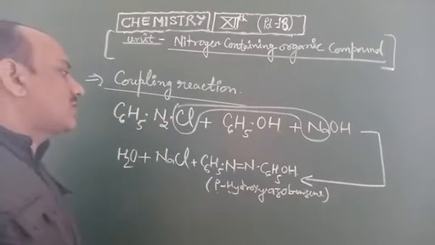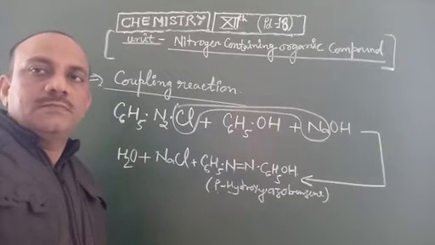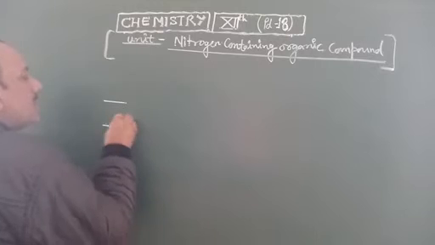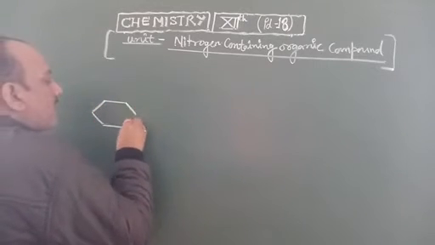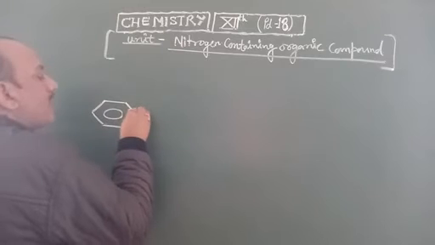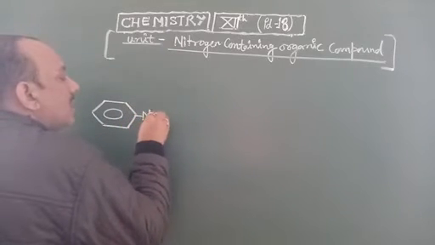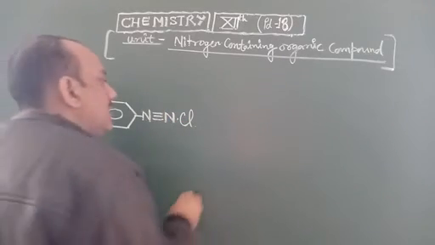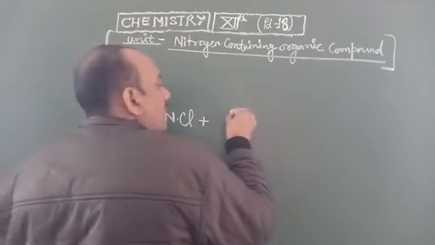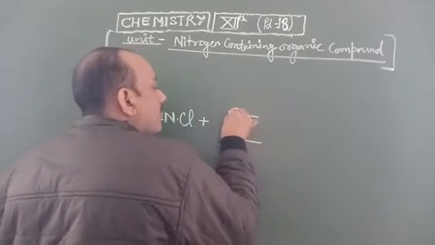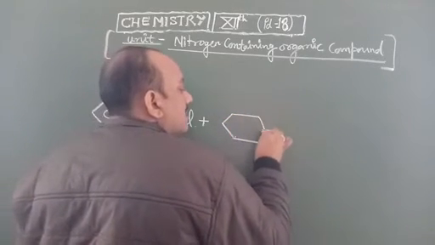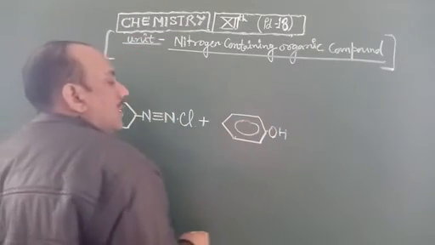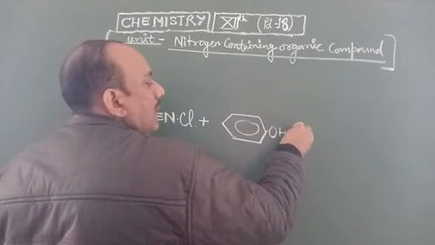Also we show the structural reaction. Benzene diazonium chloride, C6H5N2Cl, meaning N triple bond N Cl, the diazonium side, reacts with phenol C6H5OH with NaOH.